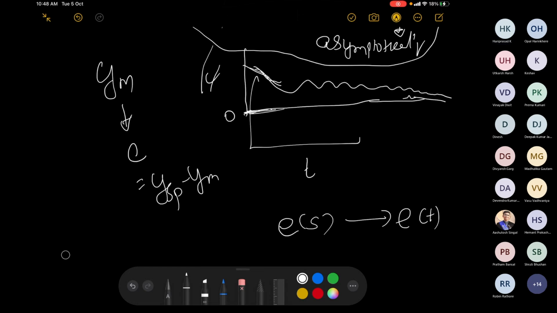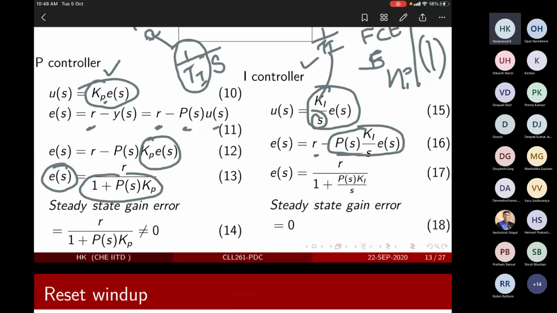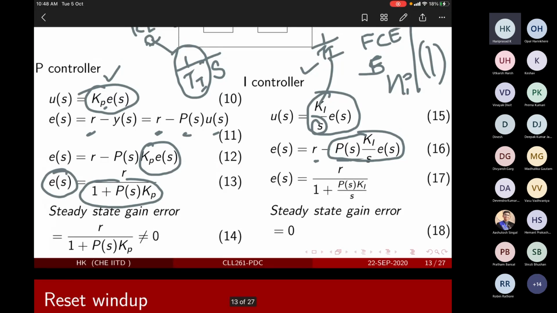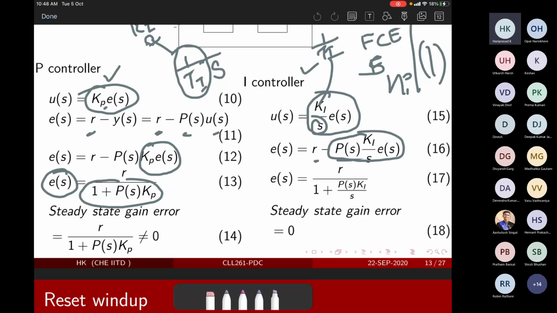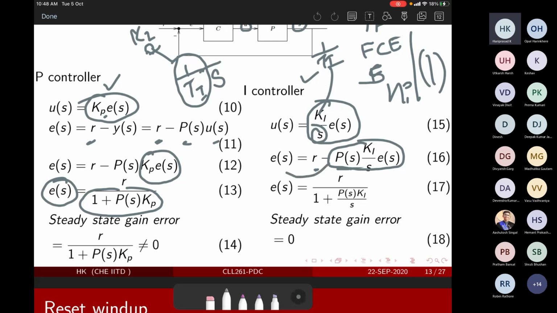So here, for the P controller, E of S is R by 1 plus P times Kp, while in the integral case, because of the 1 by S, E of S is R by 1 plus P Ki by S. Now let's look at the final value.